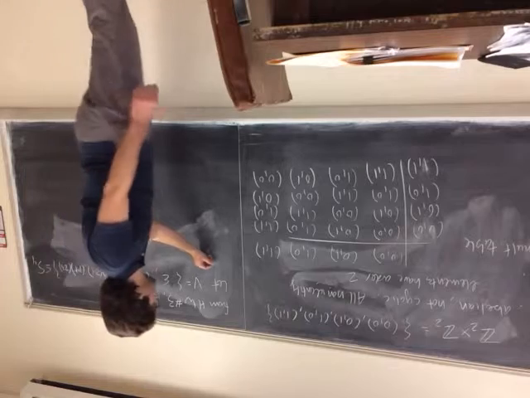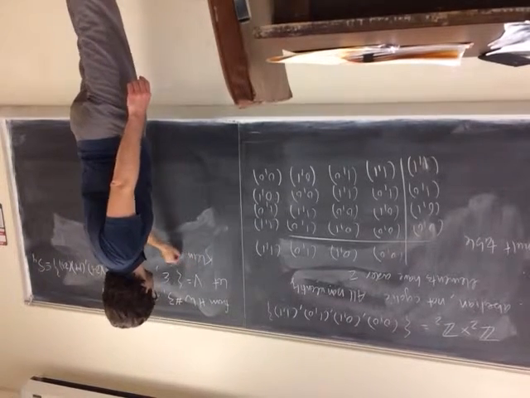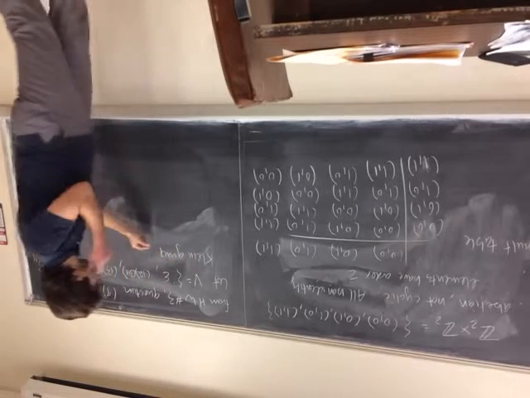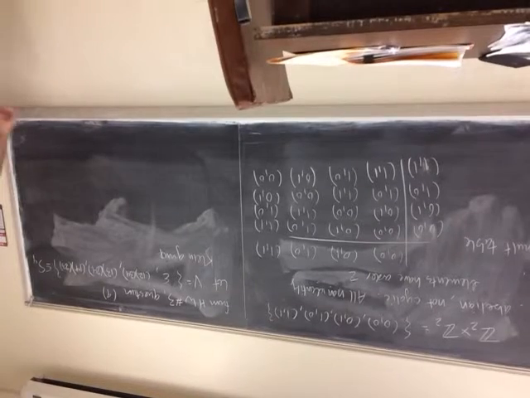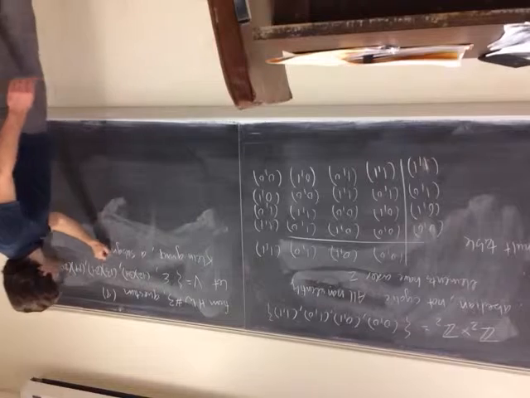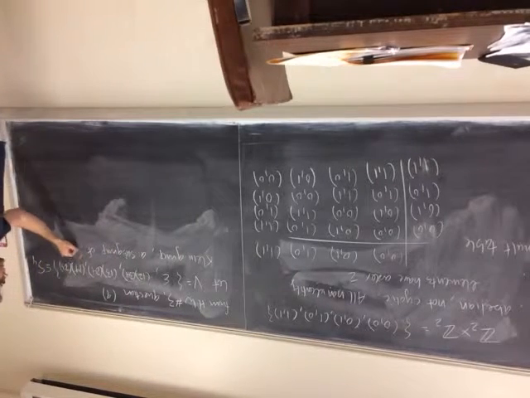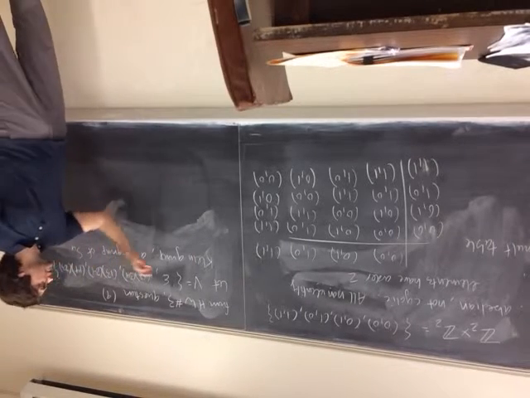So this is called the Klein group of order 4. It has 4 elements. It's a subgroup of S4. Now remember, when you have a subgroup of something, that means it itself is a group.